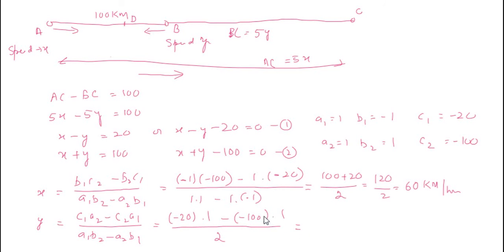So numerator becomes minus 20 into 1, minus 20, minus of minus, so it is plus 100, divided by 2, so it is 80 divided by 2 equal to 40 kilometers per hour. This is the speed of the second car B.